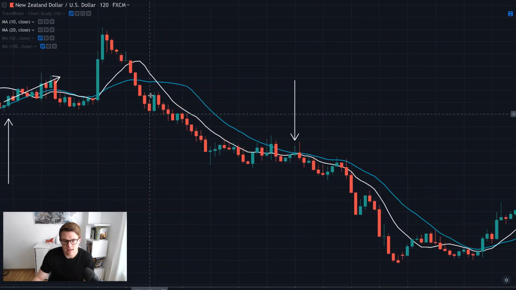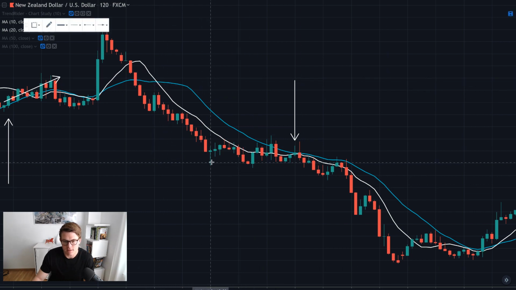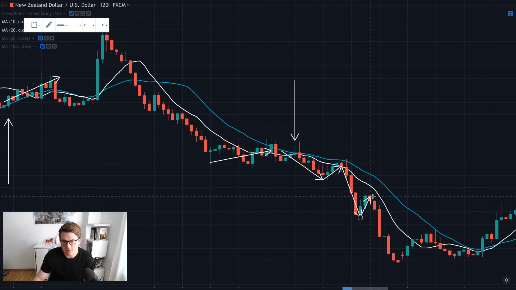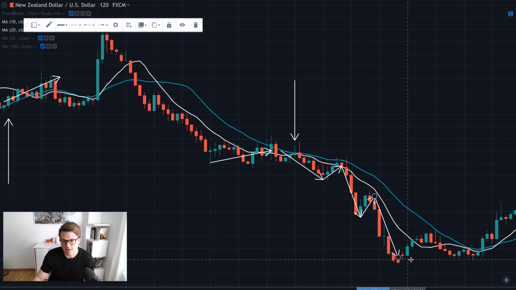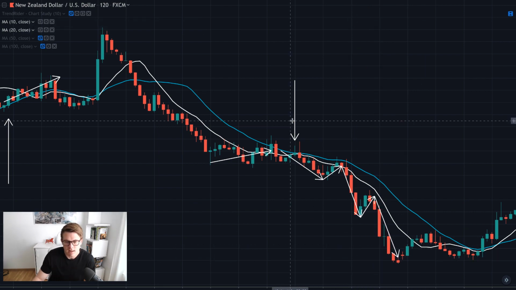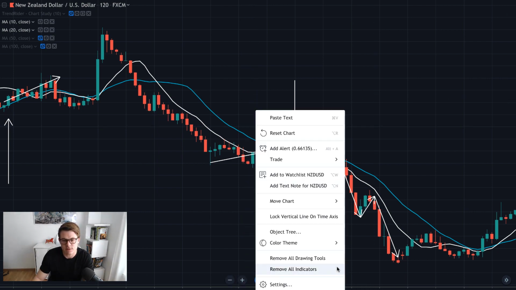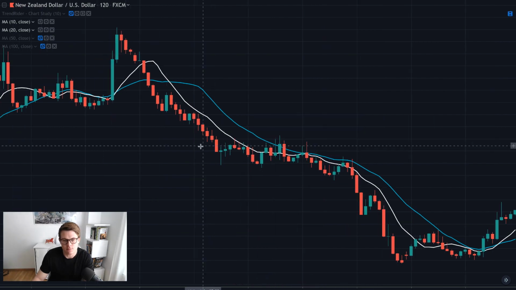Here we can see it again, the market is in a downtrend, the moving averages crossed here, then the market pulls back to the moving average, goes lower, pulls back, goes lower, here it misses it a little bit, and then here it makes its final wave to the downside. And the pullbacks can be great trading opportunities to look for additional trade entries. So this is something that I also mentioned.